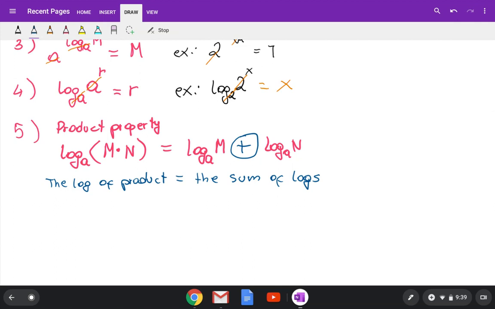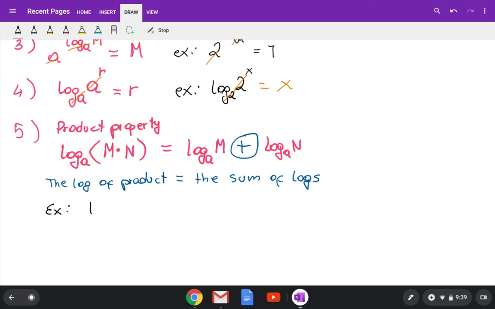Okay, number 6 property. I'm sorry, let me just give you the example of this one first. So example of product property.